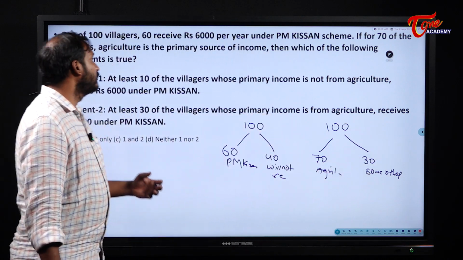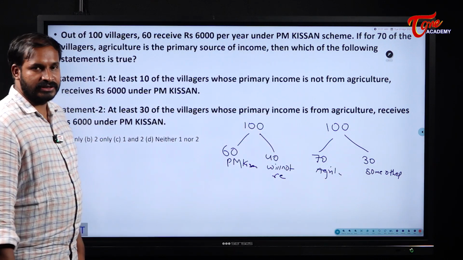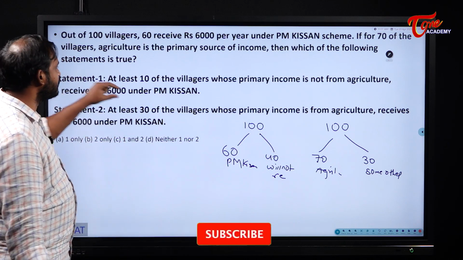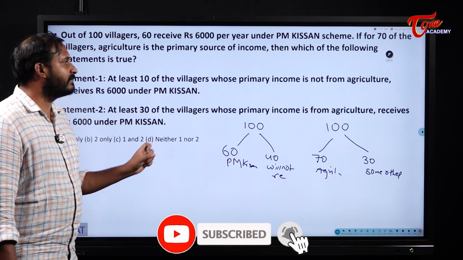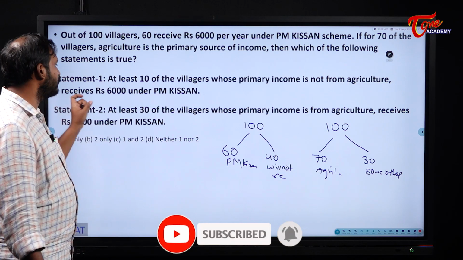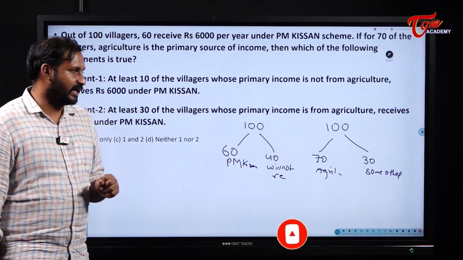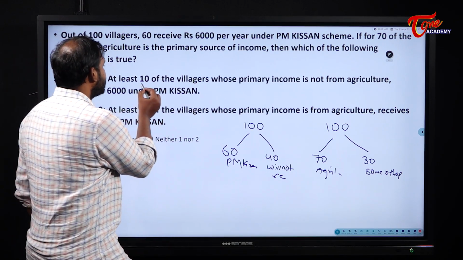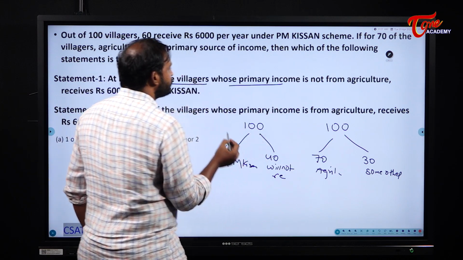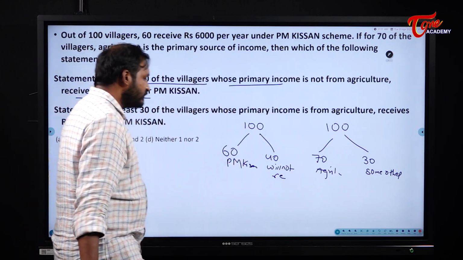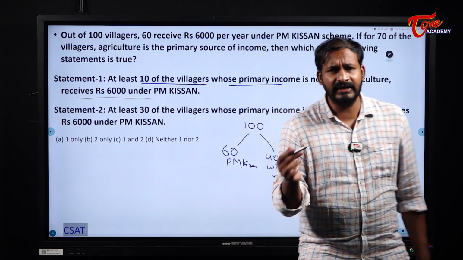It can be anything. Now, which of the following is true? First statement: at least 10 of the villagers whose primary income is not from agriculture receive rupees 6,000 under PM Kisan. See here, he is saying worst case.